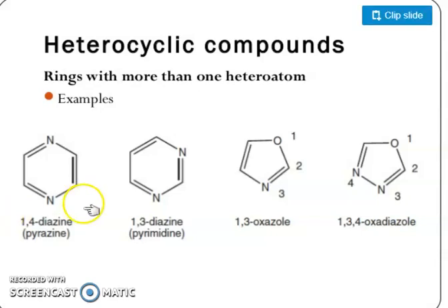If you start from here, 1, 2, 3, 4. So 1 and 4. Between 1 and 4, you have to give the comma. And between 4 and the word diazine, you have to put a hyphen. So 1,4-diazine.